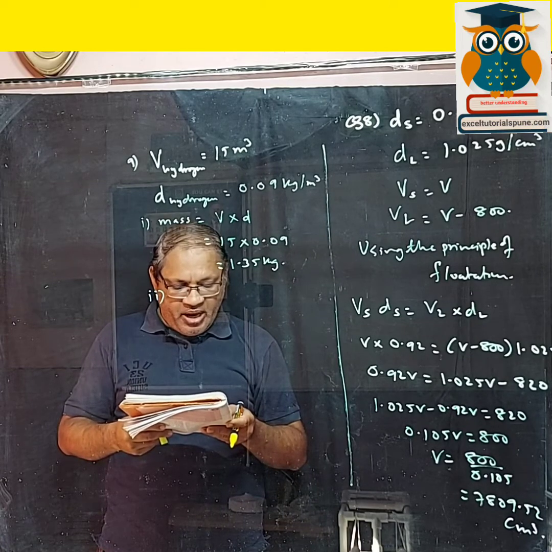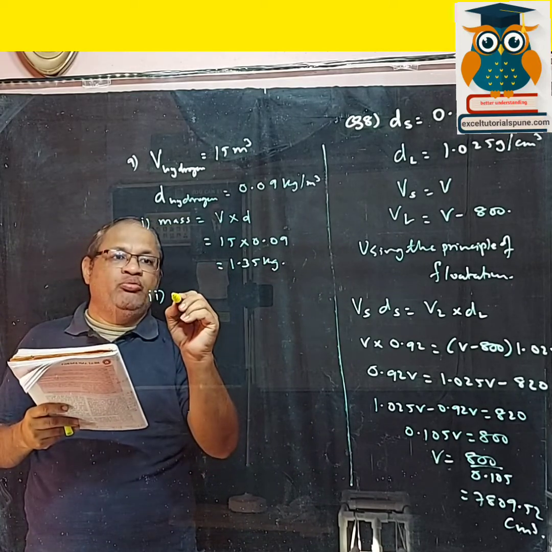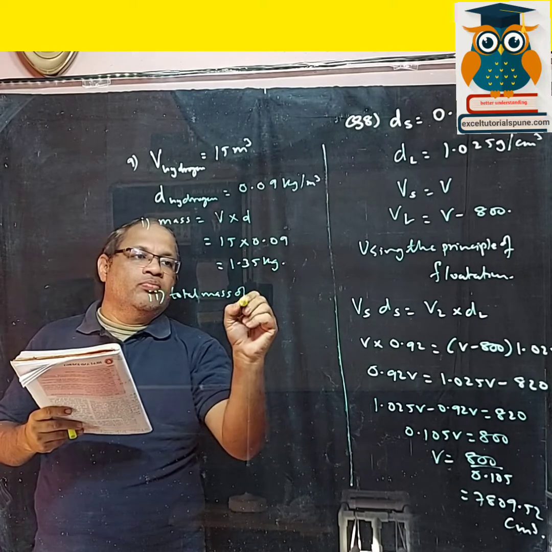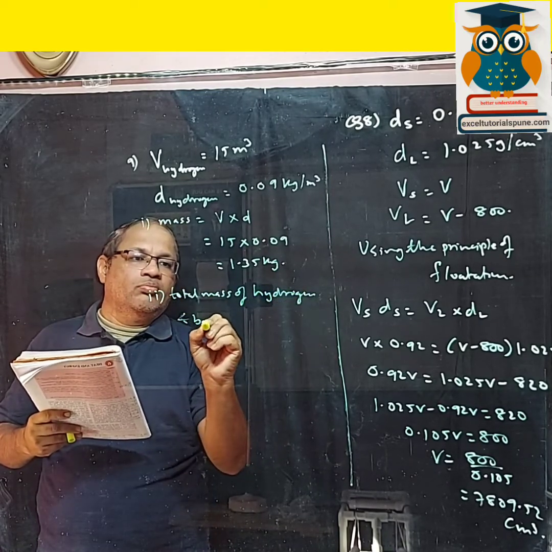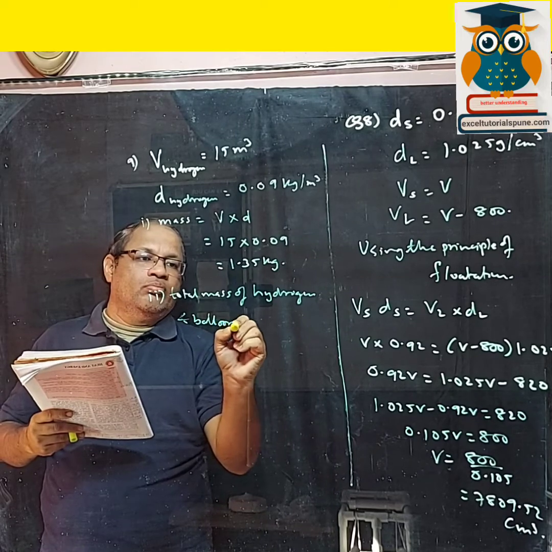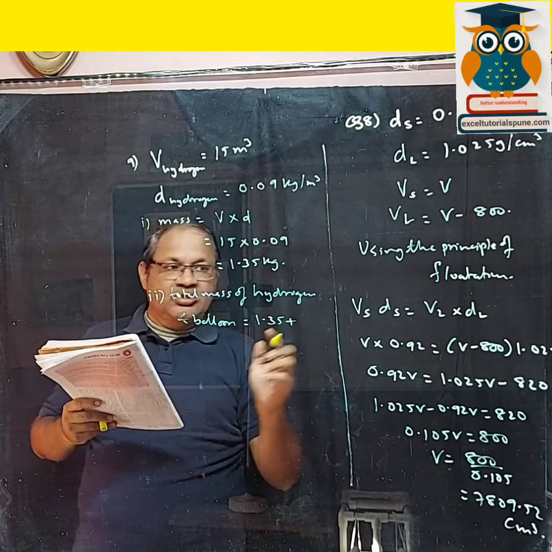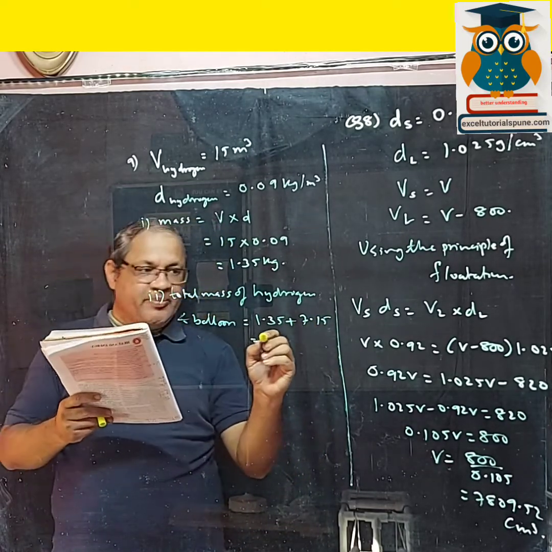So the mass of balloon they have given. So total mass of hydrogen and balloon will be 1.35 plus 7.15. That is coming to 8.5 kg.